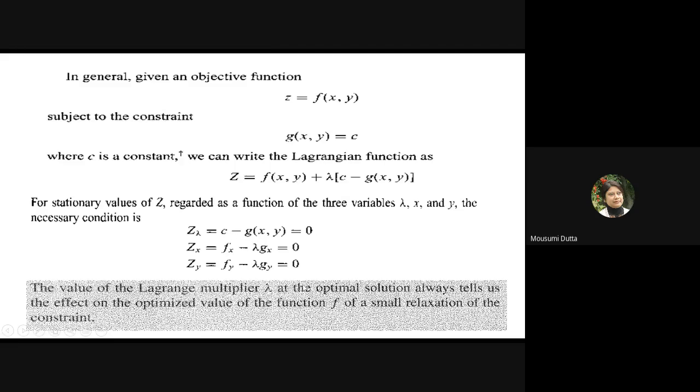For example, in case of a utility function, combining this expression and this expression, we will derive the income consumption curve or Engel curve, and that we will solve with the constraint. This is the idea.